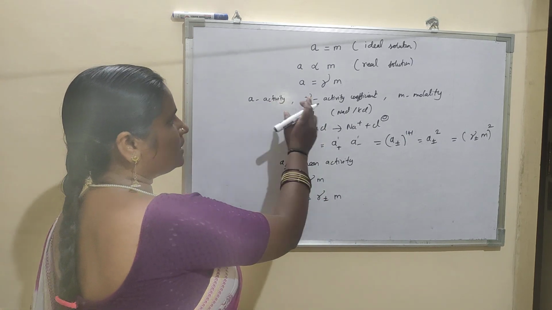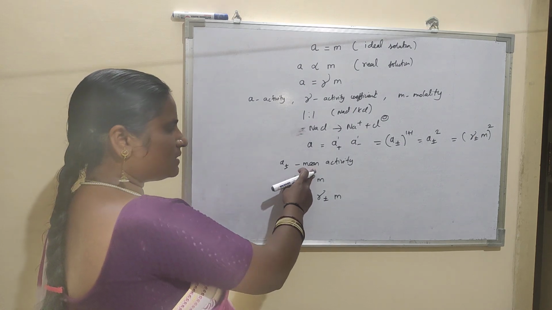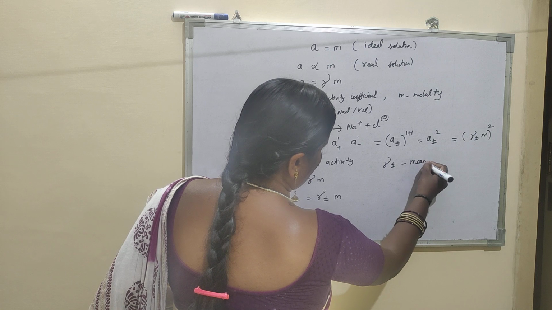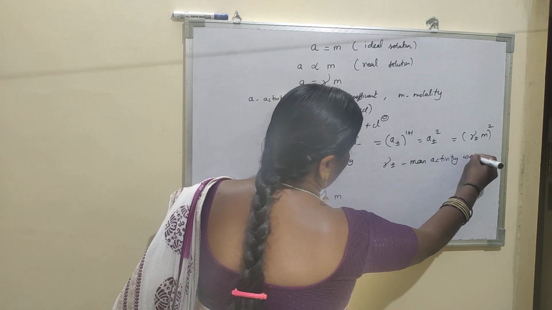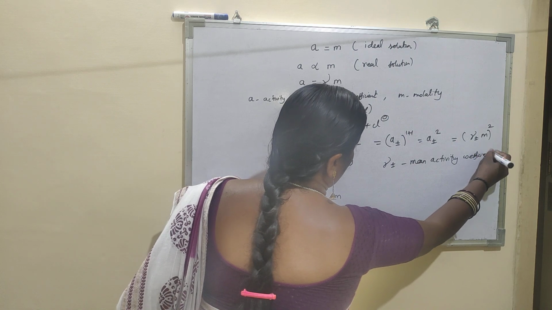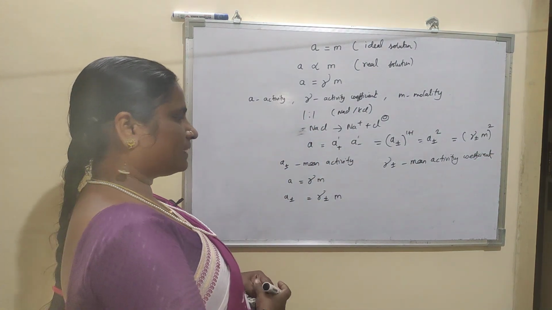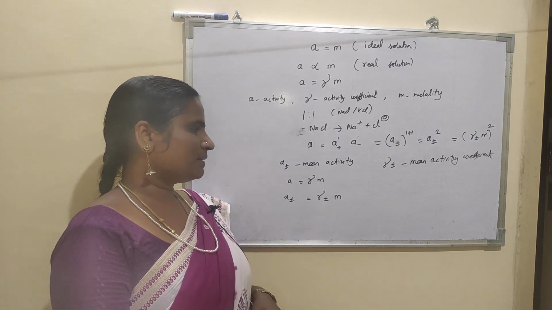A is activity, gamma is the activity coefficient, A plus or minus is the mean activity. So gamma plus or minus is the mean activity coefficient. Okay, so this is the relation between the activity coefficient, mean activity and mean activity coefficient.